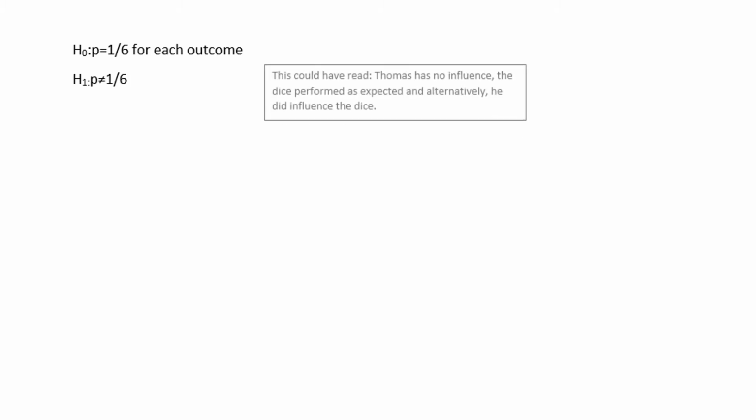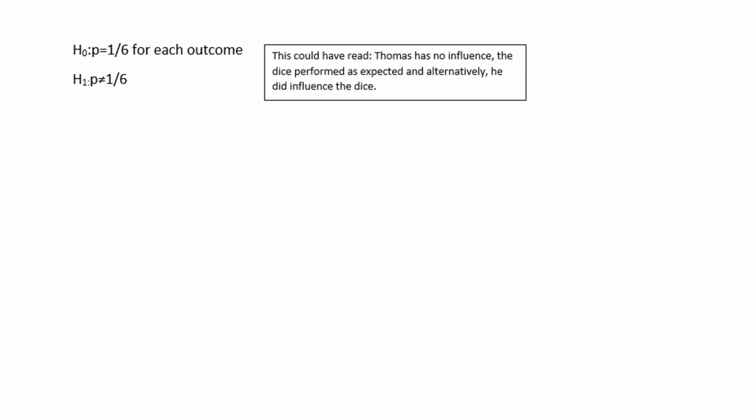Now the null hypothesis is that the probability is a 6th for each outcome, and the alternative hypothesis is it's not a 6th. It could be lower or higher. But I could have read H0 such that Thomas has no influence on the dice, or there's no association between the outcome and Thomas's prediction, or H1 such that there is an association, or not equals 1/6 here.